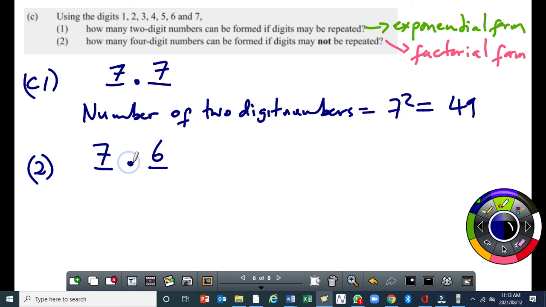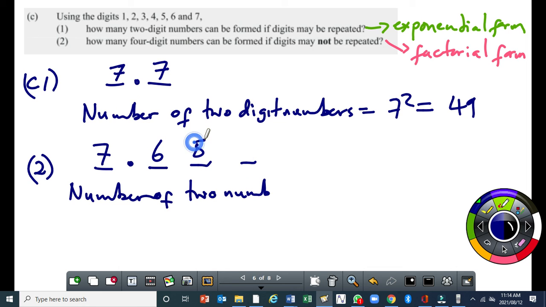Then 5, and then 4. Then you use the fundamental counting principle.